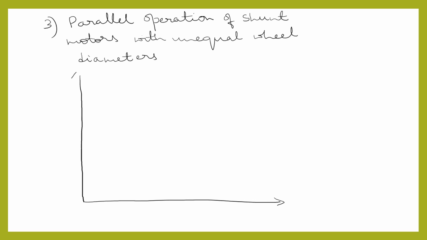So we have the speed, armature current curve plotted for the shunt motors in parallel operation.